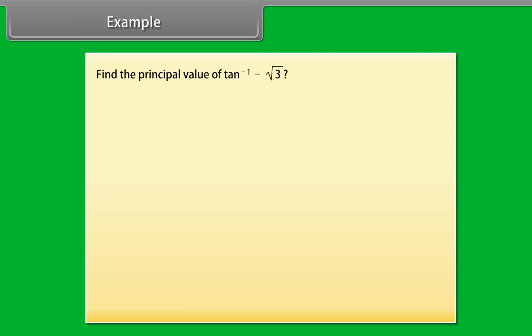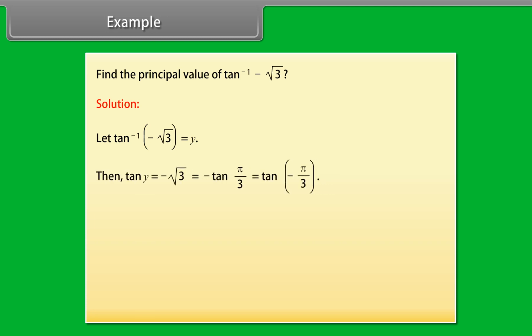Example. Find the principal value of tan inverse of -√3. Solution. Let tan inverse of -√3 is equal to y. Then tan y is equal to -√3, which is equal to minus tan π/3, which is equal to tan of -π/3.